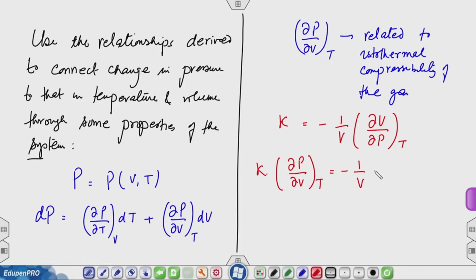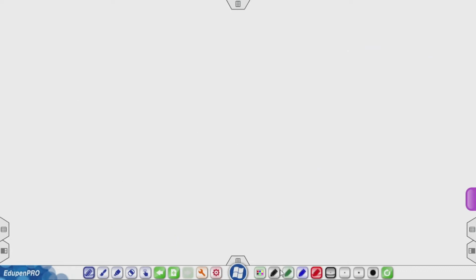And therefore partial P partial V at constant temperature is minus 1 over kappa V. So the second part here is given. Now let's calculate the first part and relate it to some measurable quantities.